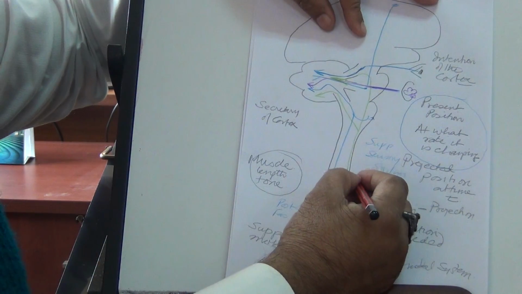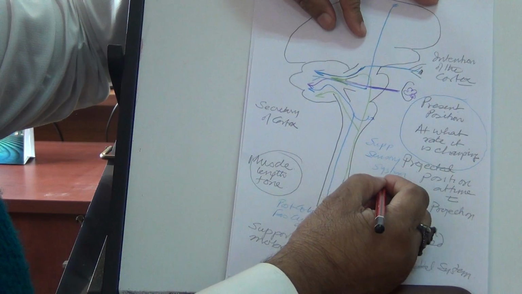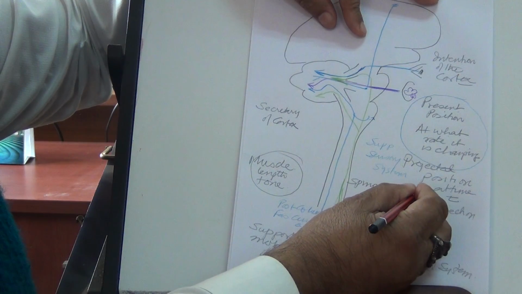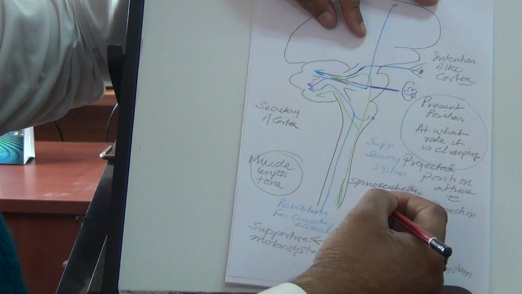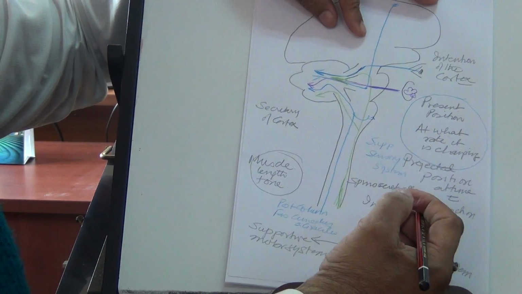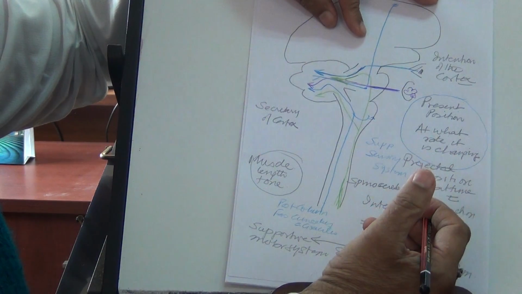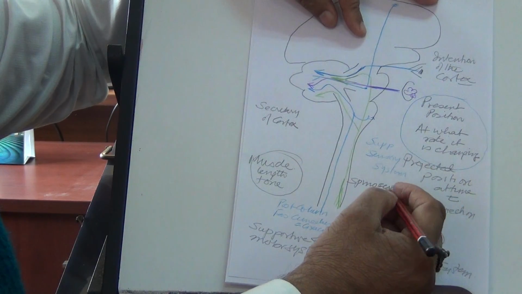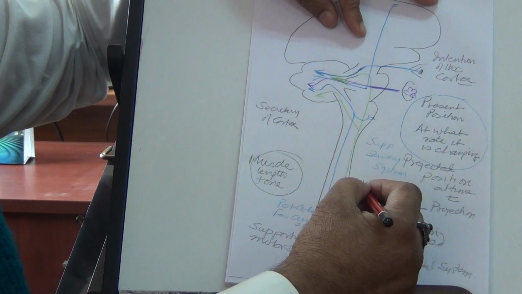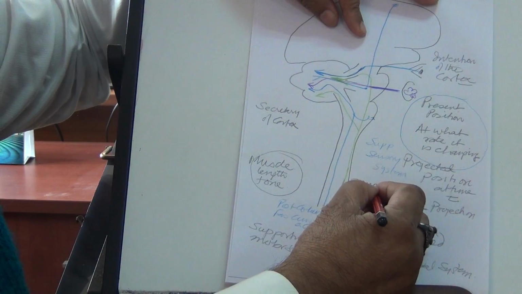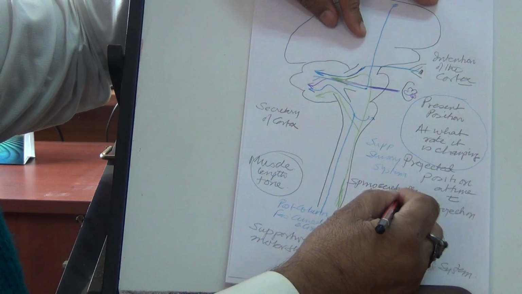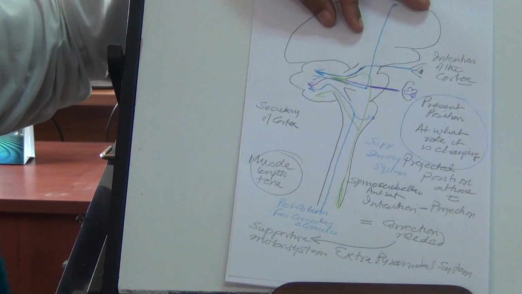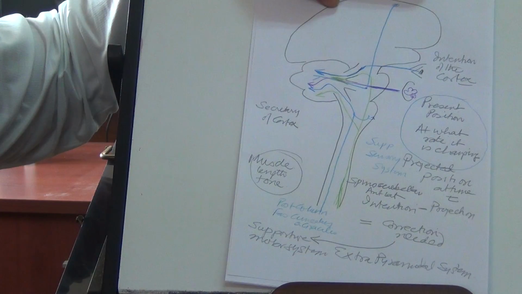So information from the spinal cord, muscle and joint, what is the length of muscle, what is the tone of muscle, what is the position of the joint, at what rate it is changing, is carried by the spinocerebellar tracts, anterior and posterior, through the inferior and the superior cerebellar peduncles to both sides of the cerebellum.